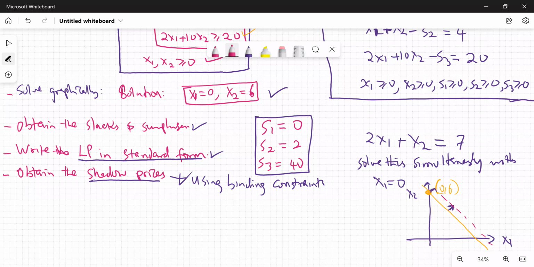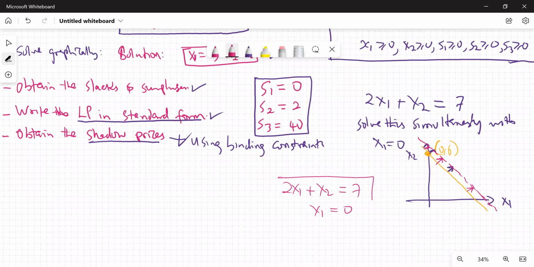Then once you shift it like that, you want to see what happens to the value of the objective function. So that's why we are taking 2x1 plus x2 equals 7. You solve with this one simultaneously. You know how to solve simultaneous equations.